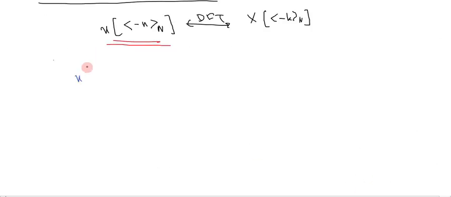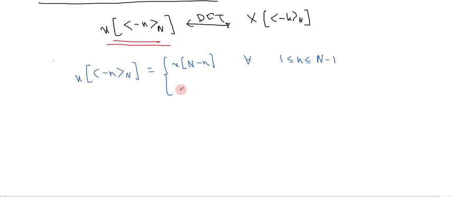Circular time reversal is defined as x of N minus n for all n from 1 to N minus 1, and it is x of n for n equal to 0.